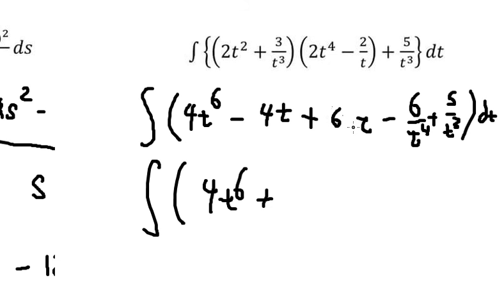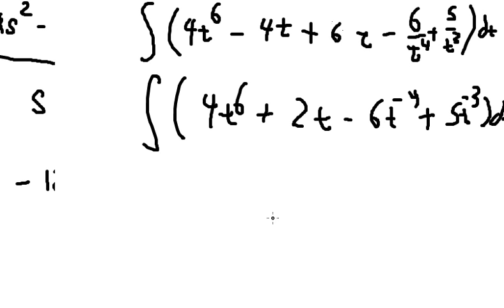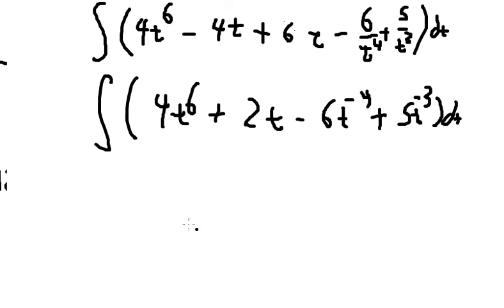Negative number 4 plus 6 is about 2t. This one we change for 6t to the power of negative number 4. This is about 5t to the power of negative number 3. And now we got the final answer.